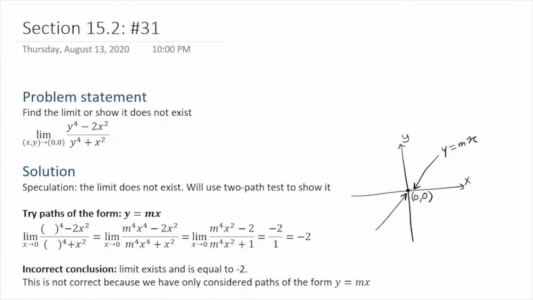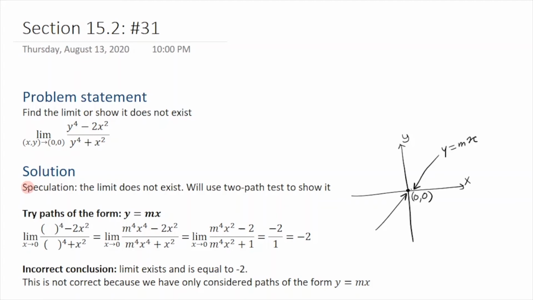Let's do problem 31 from section 15.2. You are given a limit of this rational function, y to the 4th minus 2x squared over y to the 4th plus x squared, and you want to find the limit as (x, y) approaches (0, 0), or show that the limit doesn't exist.